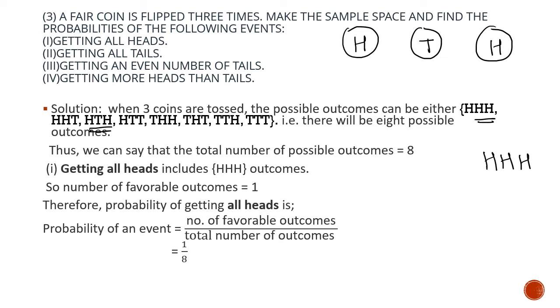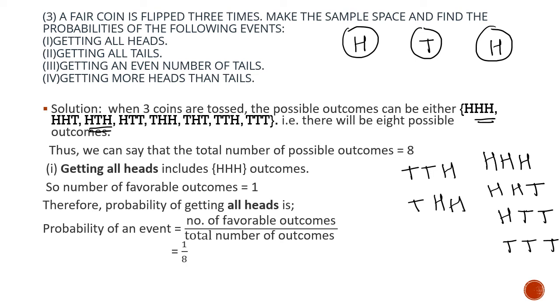Another would be, let's do one thing, from the last HH, I'm removing. This is T. Next, again take H, T and T. Alright, then T, T and T, all tails. Next, keep this T as it is, T as it is, and this is heads. Again, T, heads and heads.